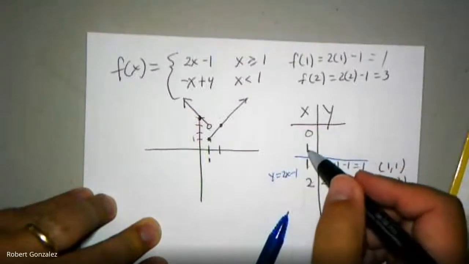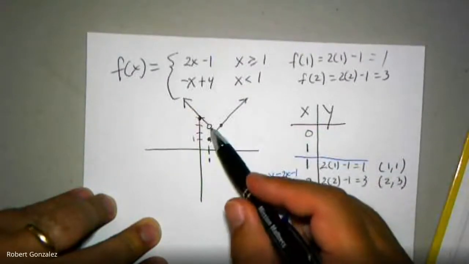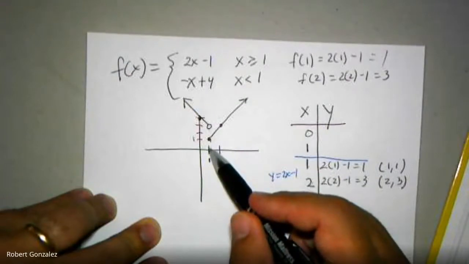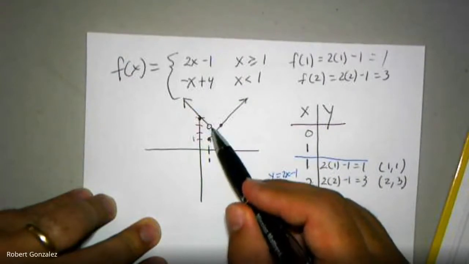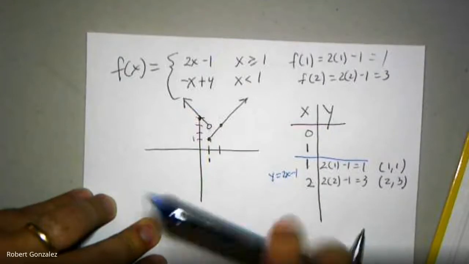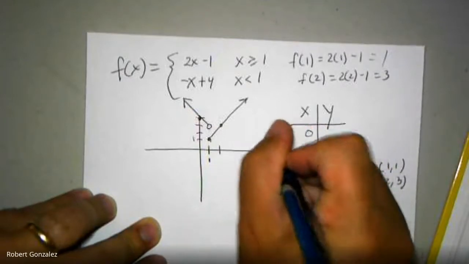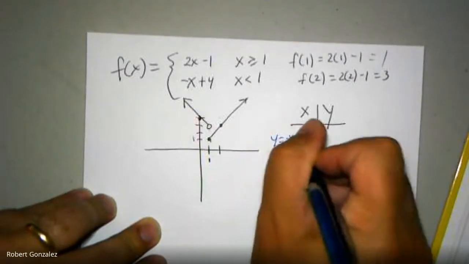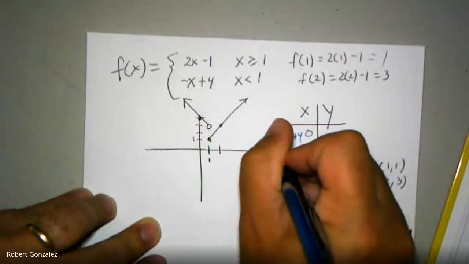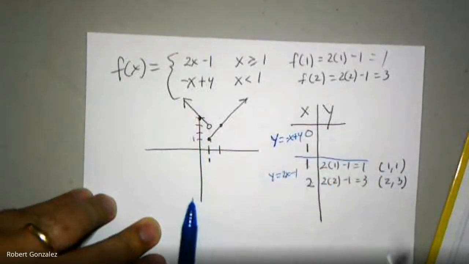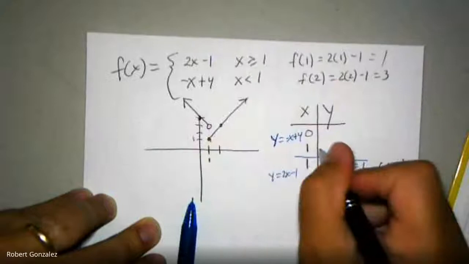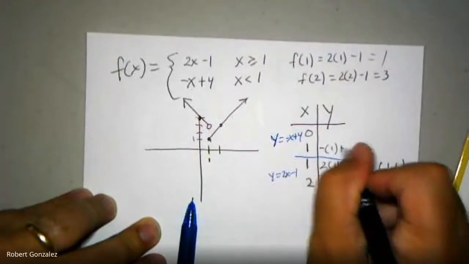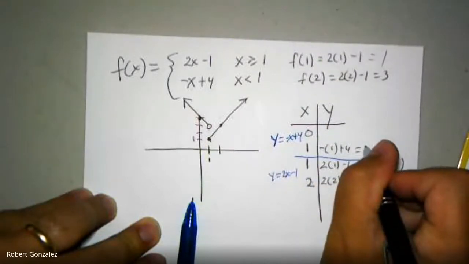Why do we need the 1 again? Because look, we have two values at 1. One of them has a closed dot, one of them has an open dot. So here, we're doing y equals negative x plus 4. So plug it in. Negative x plus 4 equals 3.